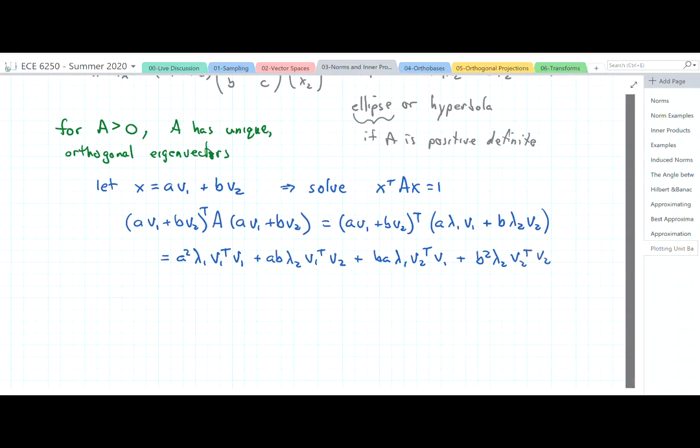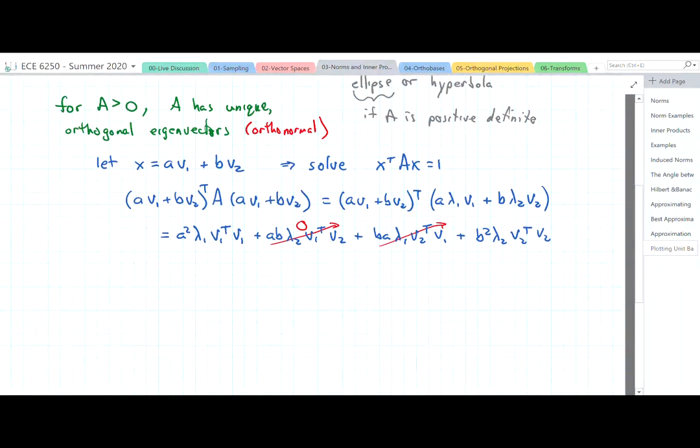Now we defined, we have orthogonal, actually orthonormal, eigenvectors. So V1 with V2 is going to be 0, and V2 with V1 will be 0. And V1 with V1 and V2 with V2 will be 1.